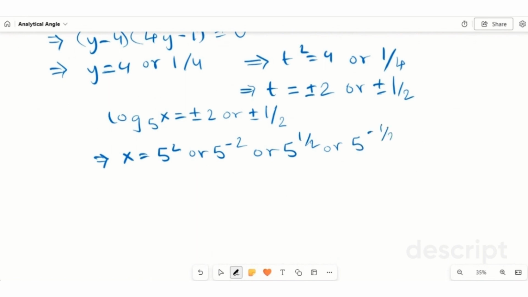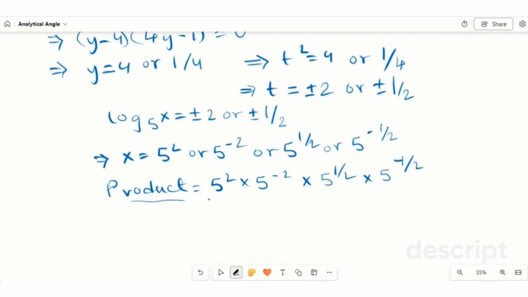Now, since the question asks for the product of all the possible values of x, we multiply all of these and we get 5 square into 5 to the power minus 2 into 5 to the power half into 5 to the power minus half.